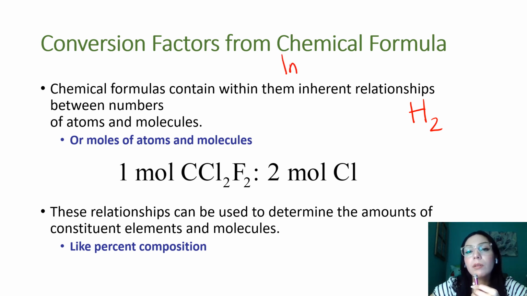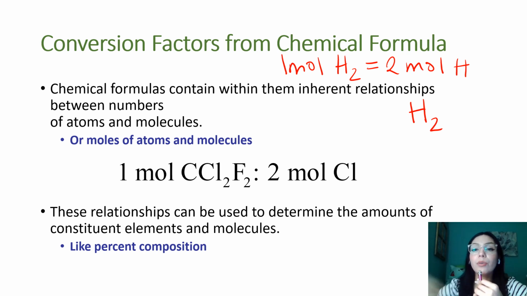In 1 mole of H2, I have 2 moles of hydrogen. So 1 mole of H2 is those molecules, right? Think of them like units. But when we look at hydrogens, like just trying to quantify how many hydrogens in general are in that amount, you use this conversion factor.